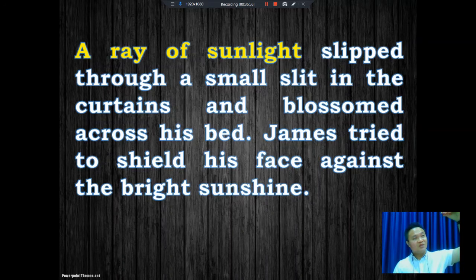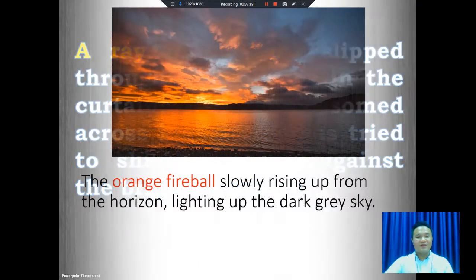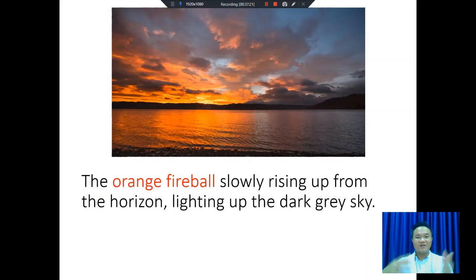So the light comes in a very small slit, and then suddenly it blossoms across his back, and James tried to shield his face against the bright sunshine. So when you wake up early in the morning, you can use this paragraph to help you in your narrative writing.